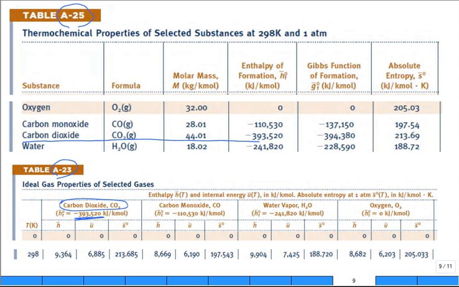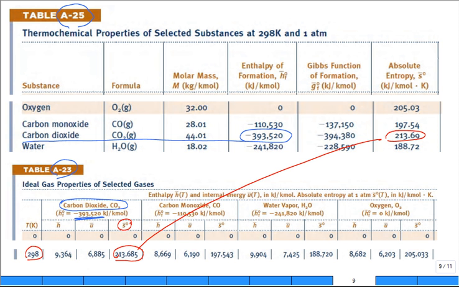We find that value in both of those tables, and so those values are consistent. Also, we notice that the absolute entropy for carbon dioxide at 298, S bar naught right here for this column, is consistent. So that's nice to see that those values are consistent.